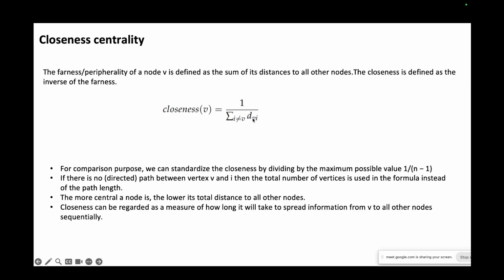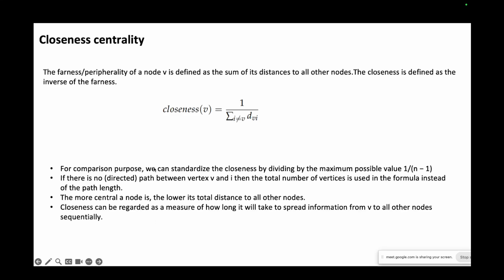So between two nodes, if you have multiple paths connecting to different nodes, what you're doing is calculating the distance for all these paths, adding them up, and then taking an inverse of that, which gives you the closeness.